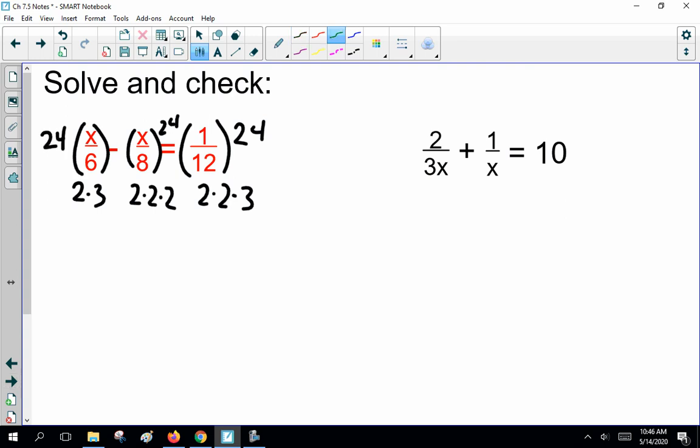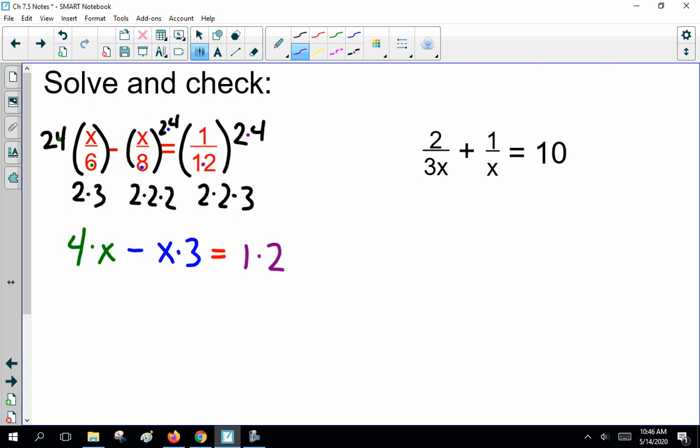So what is 24 divided by 6? It's 4 times x. What is 24 divided by 8? I think that's 3. And what is 24 divided by 12? I think that's 2, or 1 times 2.